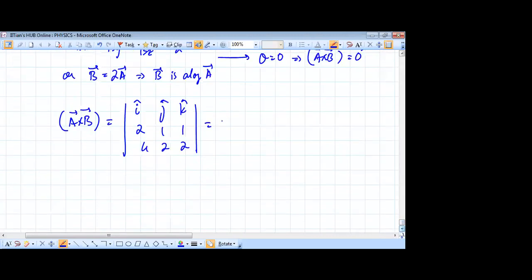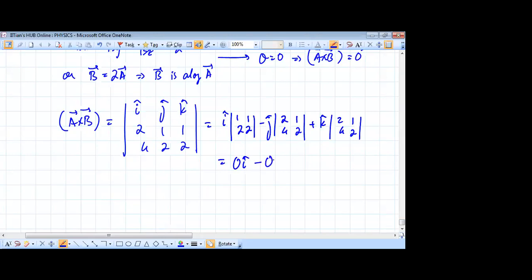Each of the terms here. So you will get 0 I cap minus 0 j cap plus 0 k cap. So that's a null vector. Okay, so this was unnecessary, but that's what you will get.